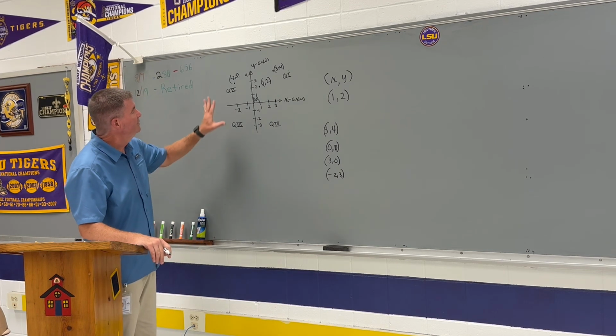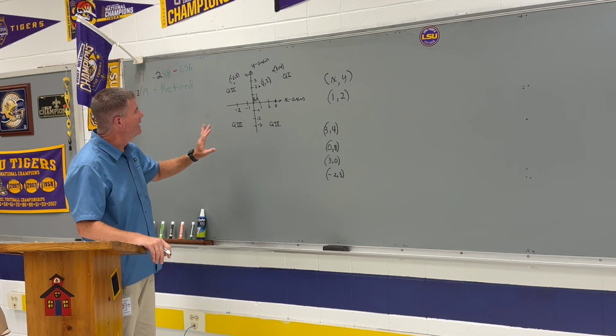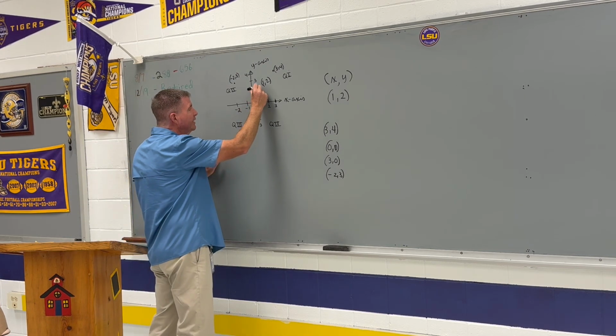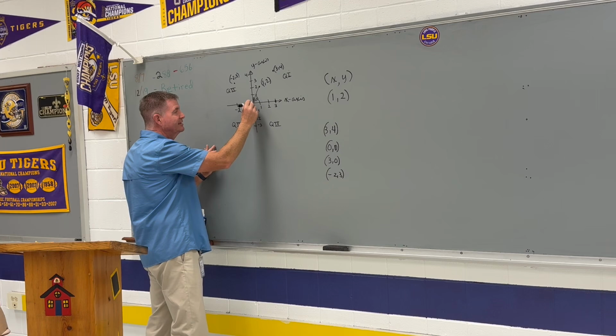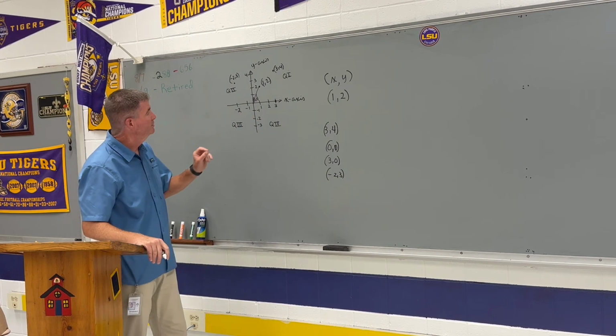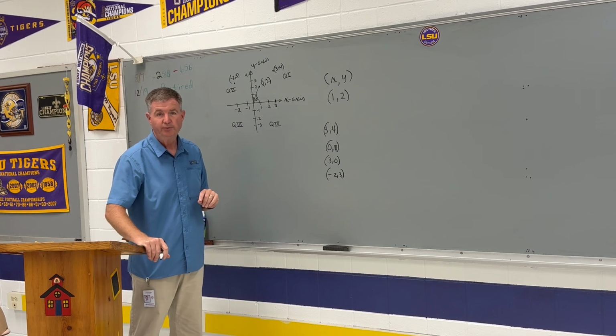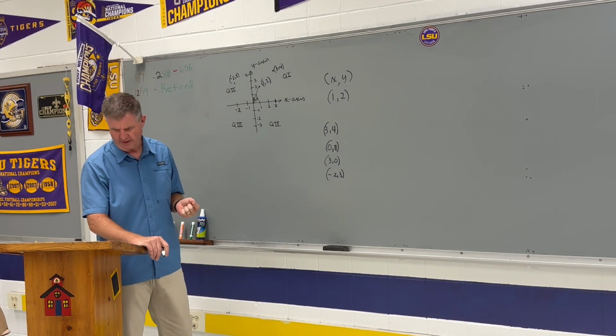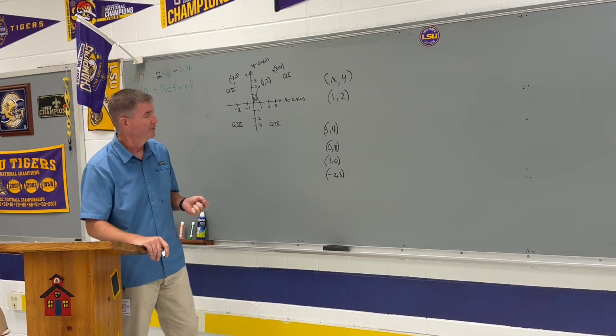So once we've done that, we can now look at maybe joining up points and finding the length from one point to another. In order to find the length between 2 points, we're going to use something called the distance formula.